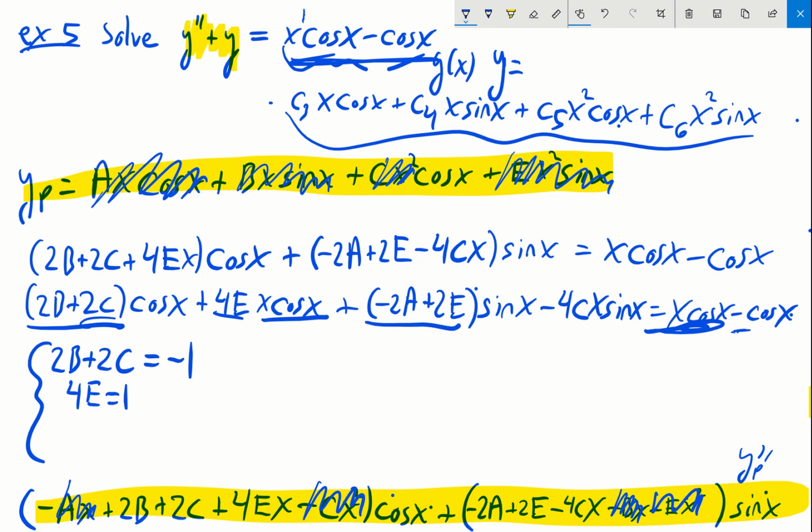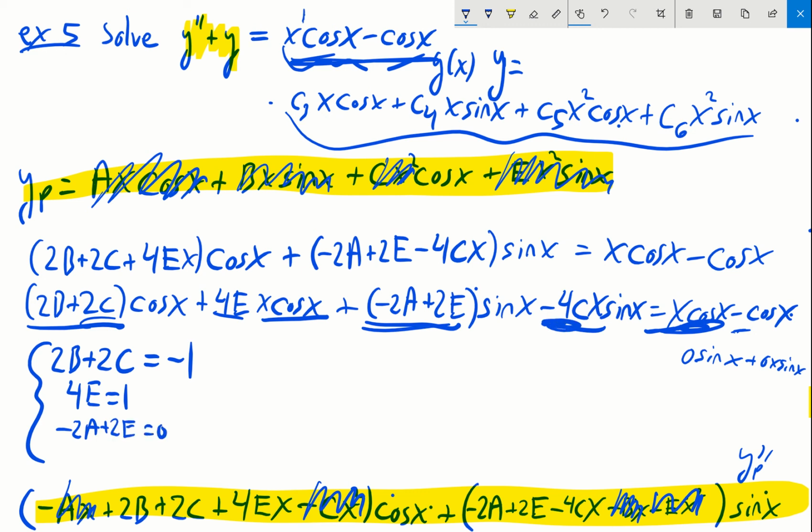And now for these two, there is no sine x or no x sine x term on the right-hand side. So essentially, both of those coefficients would be 0, which means that negative 2a plus 2e equals 0.